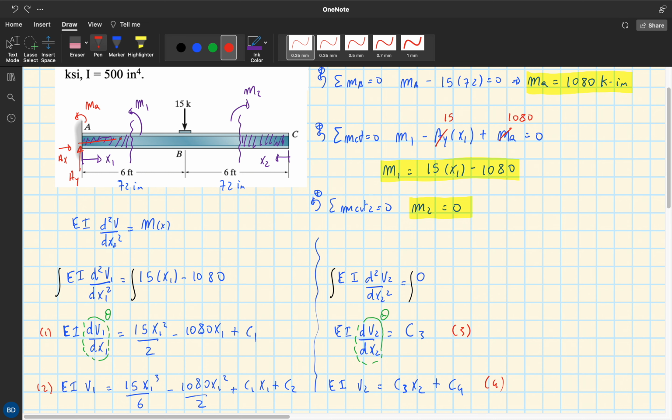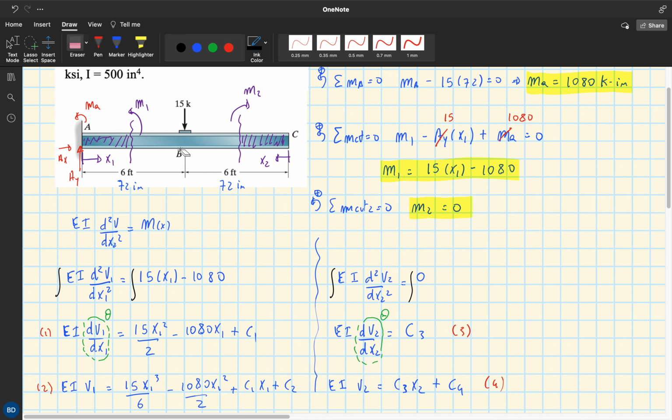So the deflection is going to be something like this. Although I picked my x1 to go from the left to the right and x2 from the right to the left, somewhere here at the midpoint they are going to meet. And whenever they meet, they must have the same inclination, which means the same rotation and the same displacement, right?